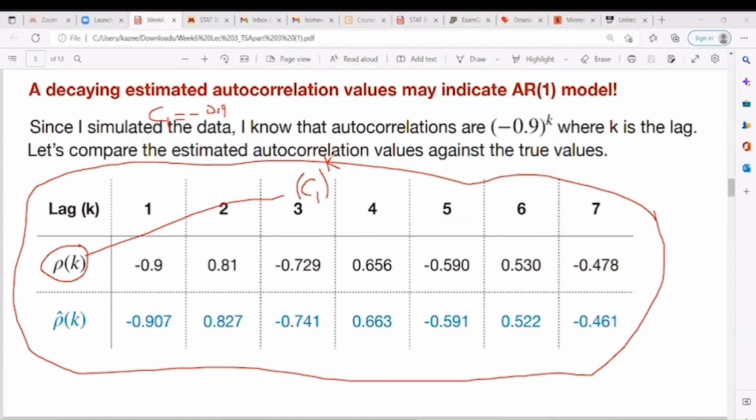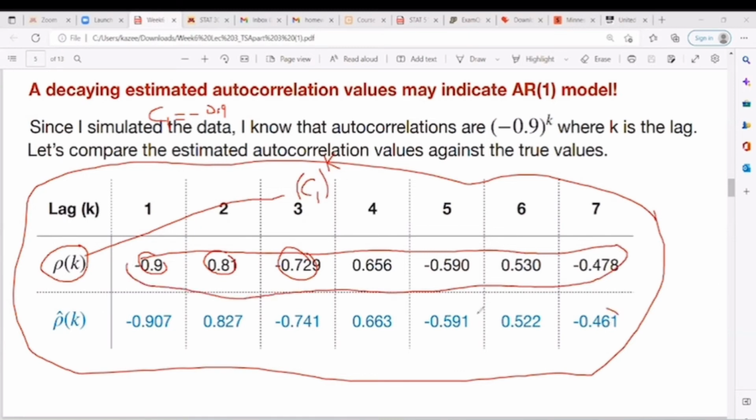When you plug in 0, at lag 0 it is going to be 1. When you plug in 1, this is what you have. When you plug in 2, this is what you have. When you plug in 3, that's what you have.